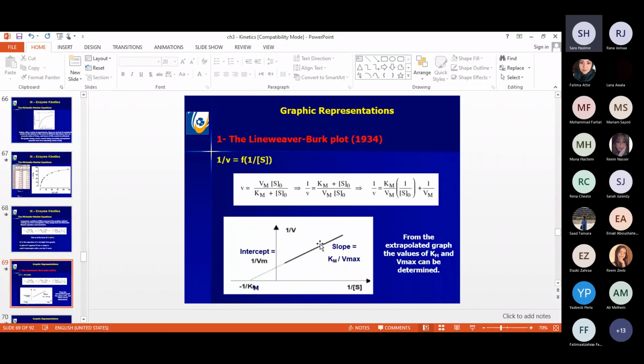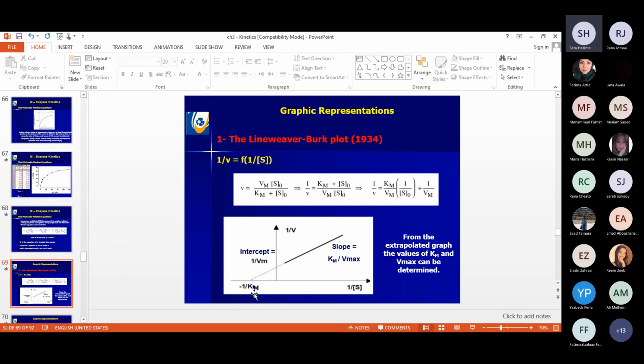So instead of drawing V as a function of S, this hyperbolic plot where you may not reach the value of Vmax, you draw 1 over V as a function of 1 over S and extrapolate your plot to the y-axis and x-axis. The intersection with the y-axis will be 1 over Vmax, and the intersection with the x-axis will be minus 1 over Km.